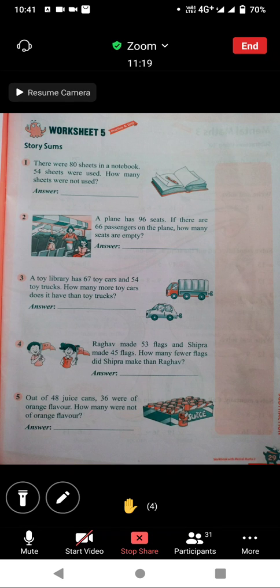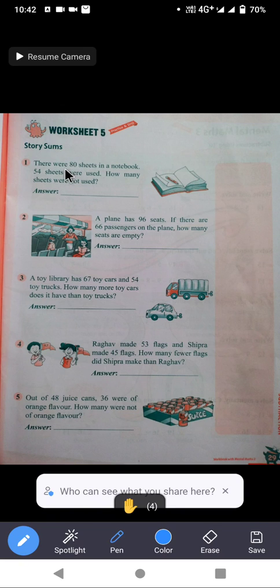Okay, 80 sheets are there in a notebook. So 54 sheets were used. 54 sheets were used from 80 sheets. So how many sheets were not used?